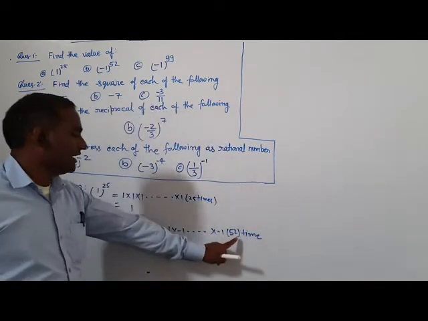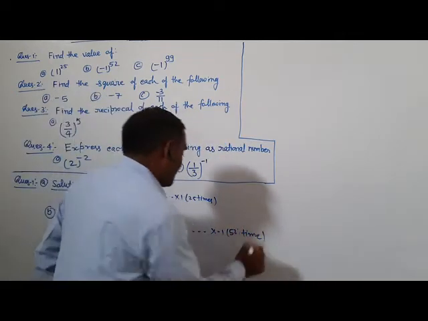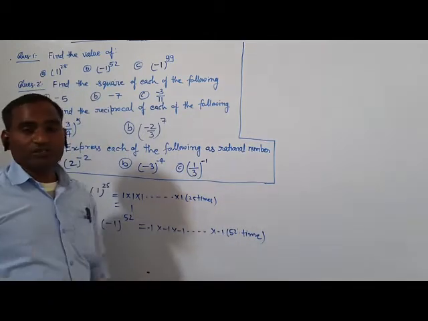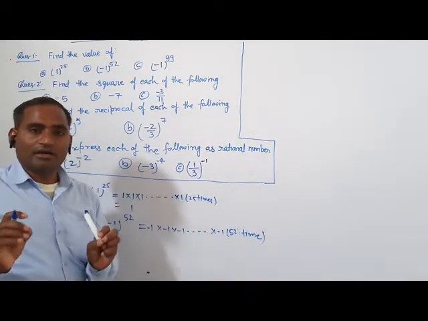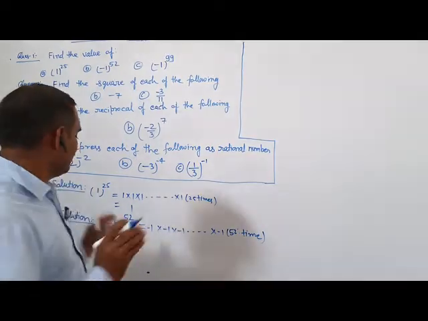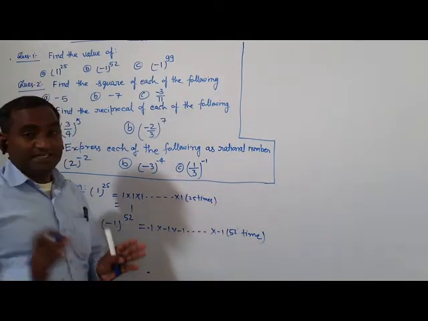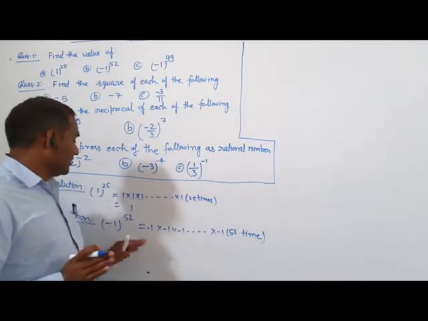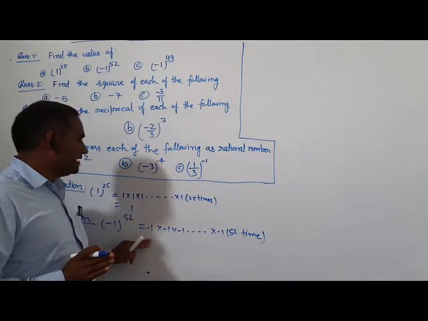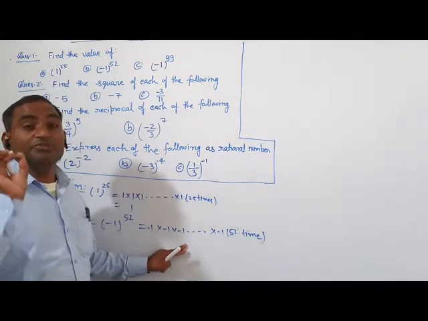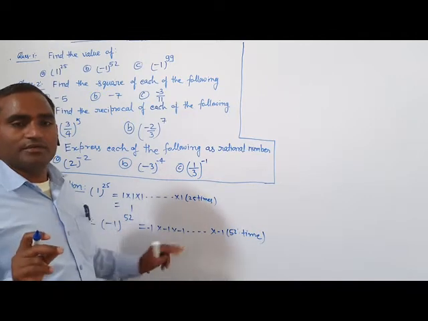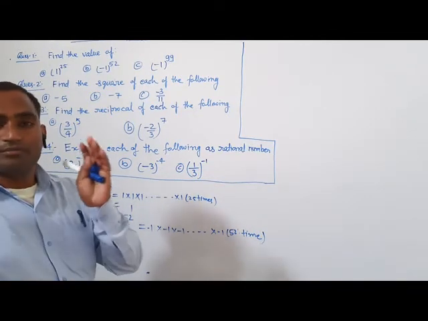Here we know that 52 is an even number. I have told you that when we multiply numbers and the number of negative signs is even, in those conditions the product is positive.